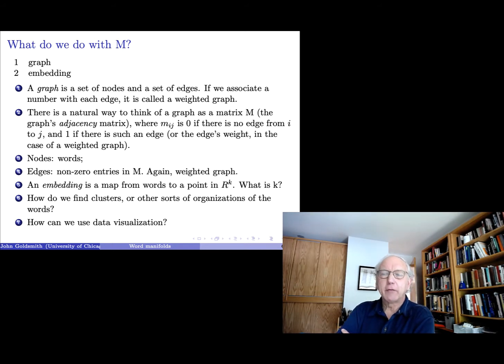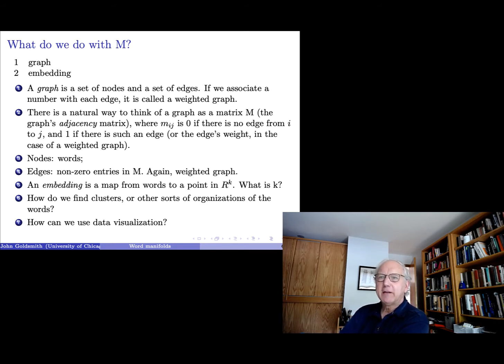And it's a 1 if there is such an edge, or if it's a weighted graph, then we put the actual weight in this adjacency matrix. Okay, so for us, the nodes are words, and the edges are the non-zero entries in M. So that's a graph. That's interesting. We'll use it.